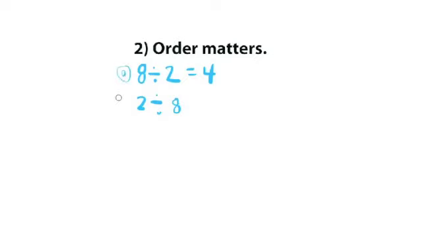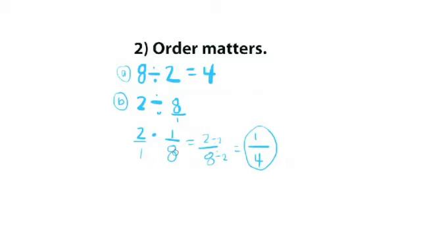So here's A, here's B. 2 divided by 8 would mean I have to do 2, this is really 8 over 1, so if I flip it over, it's going to look like that. Make this 2 over 1. 2 times 1 is 2 over 8. I can reduce these, they both go into 2. Is 4 and 1 over 4 the same? Nope, not really. So order does matter.